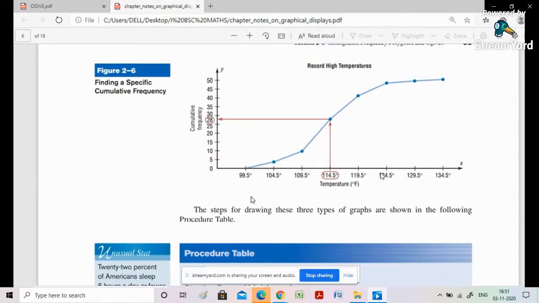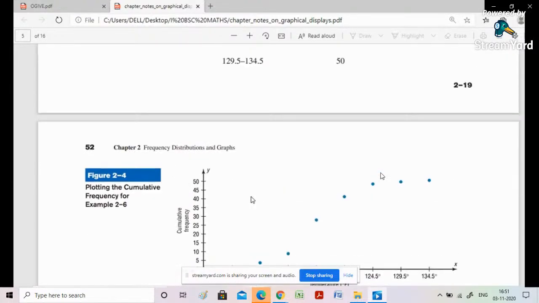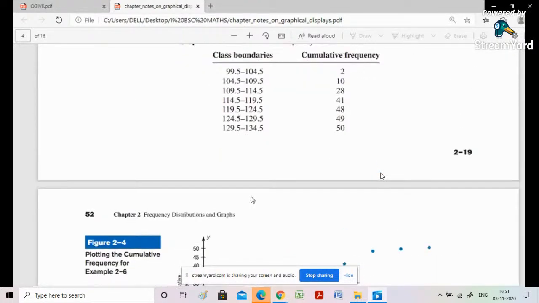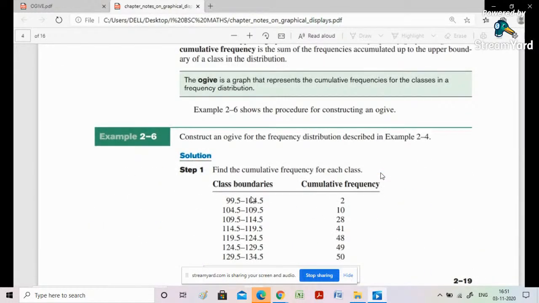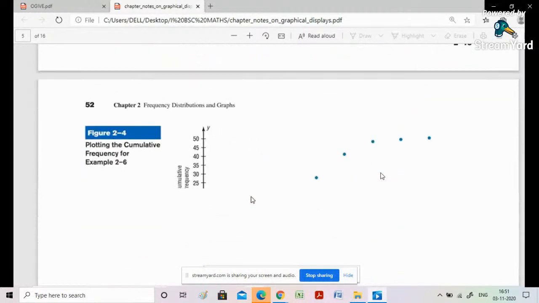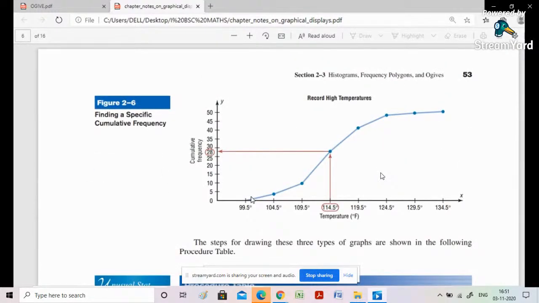Even though we don't have the data, in newspapers we can see this type of graph only. We cannot see this type of data sometimes. If we get a graph like this, then we can simulate the data and identify the data.